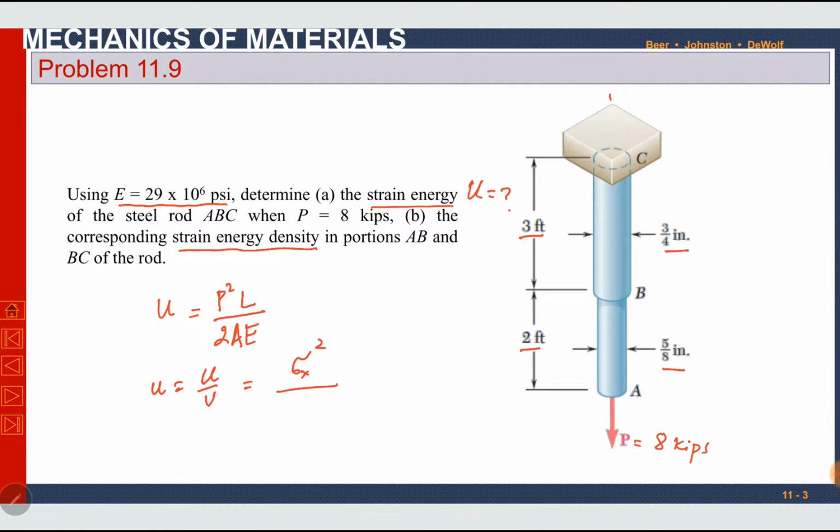For example, if we consider it x direction; if it is y, we can write y here; if it is z, we can write z. We can use either this expression or this one to calculate small u. But we are required to find small u for section AB separately and for section BC separately. So let us move towards our solution.